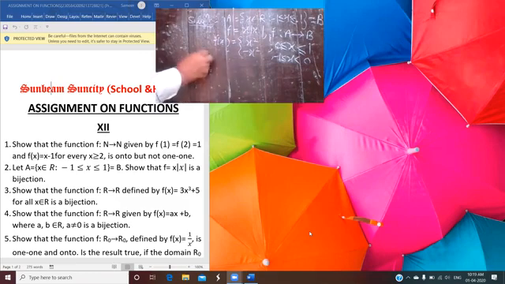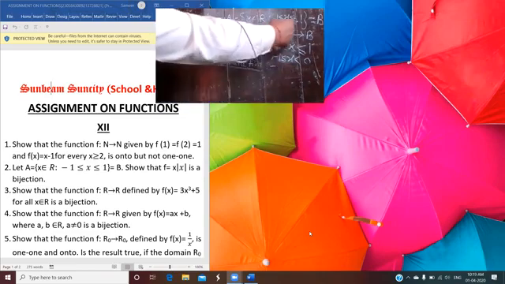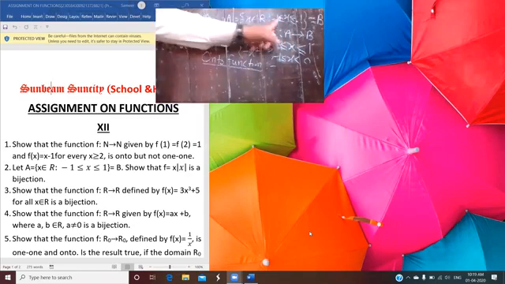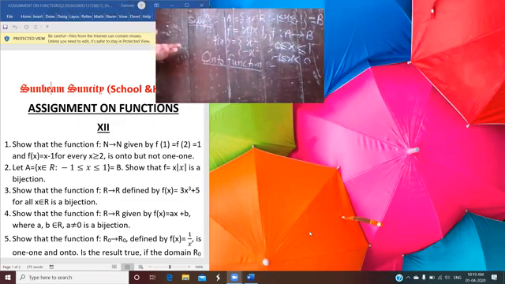For onto function, the codomain of the function is already given, which is x lying between -1 to 1. That will be the codomain. Now you find the range of this function.